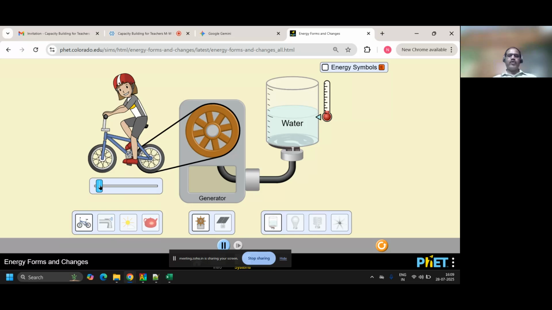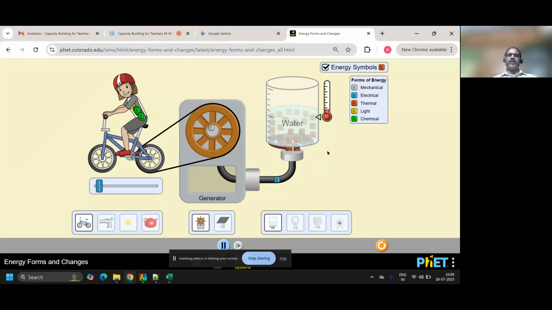When I slowly do the pedaling, this is a rotary movement. This rotary movement causes a rotary movement here. So some amount of motion is applied over here. Because of that, electricity will be produced by the generator. Now let me click on these energy symbols. Now you can see the energy is coded in different forms.